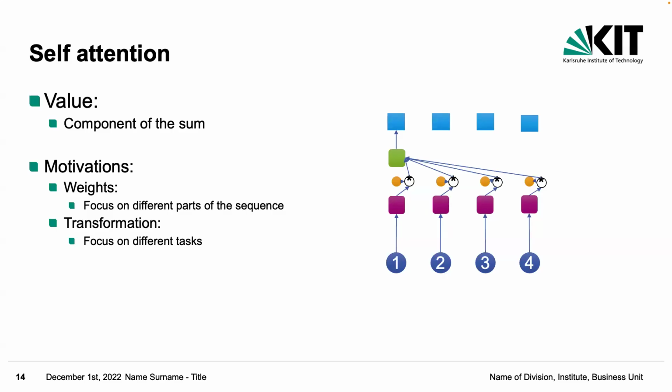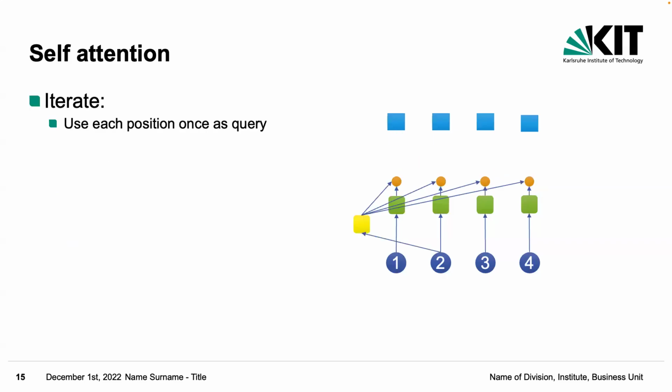And then, I mean, now we are only getting one hidden state. Of course, we need more hidden states. We want to have one hidden state for all our input tokens. The nice thing is we can now do exactly the same thing at each position. So what we can do is we just take a different query. So this time, the query is based on this one. So we take this one, transform it into a query, and then do exactly the same calculation.